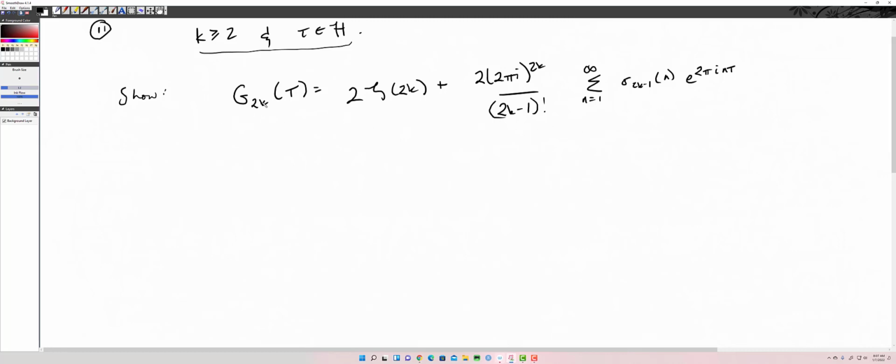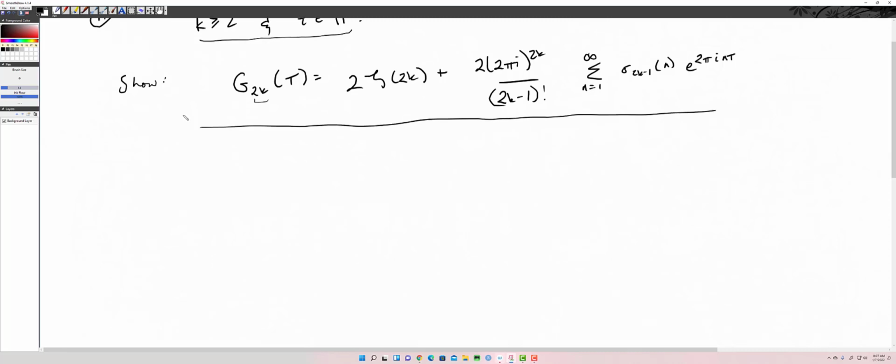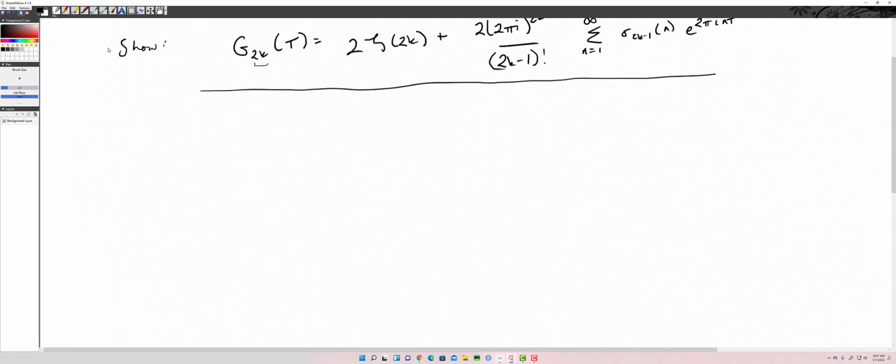Okay, so the next one's pretty straightforward, and we're just going to find the Fourier series for a generic Eisenstein series G2K of tau. We're going to do this the same way that we found the Fourier series for the Eisenstein series when we were looking at that. So we're going to start with cotangent, right?